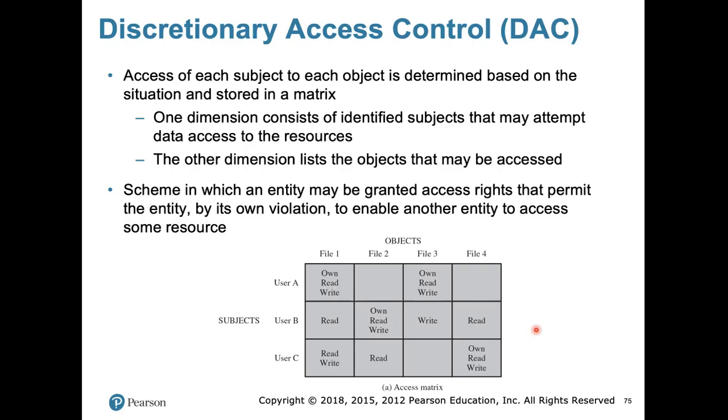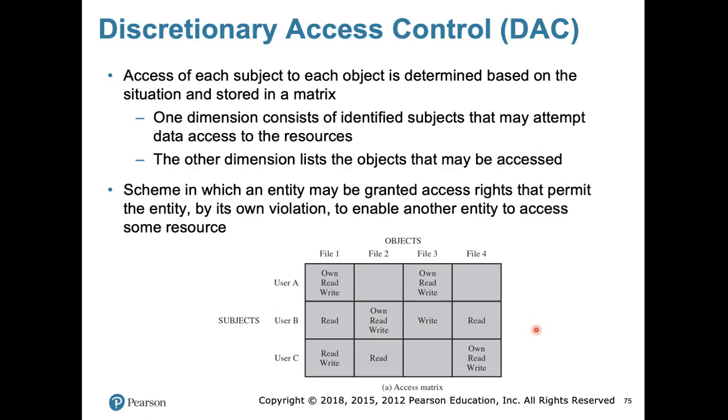Okay, here in DAC access control, we have the situation at which an entity may grant access rights either by permit or by violating some rules to other entities. How is it possible?